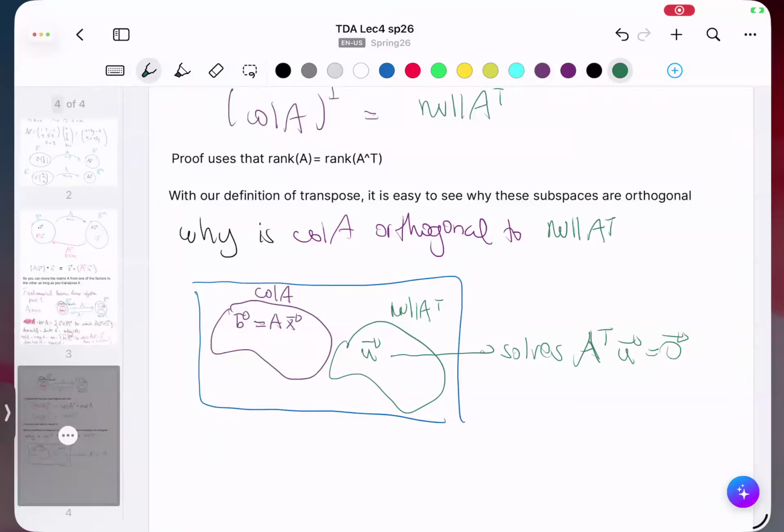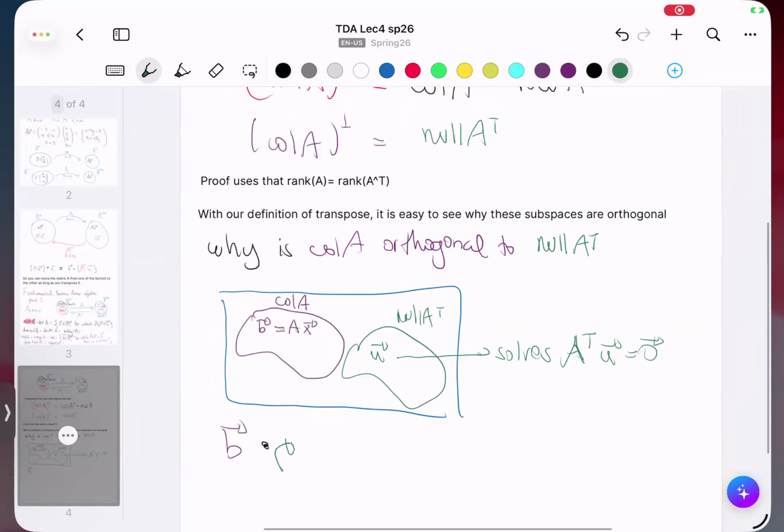Okay, so I want to show that the dot product of b with u should be 0. But what is b dot u? That would tell me that they are perpendicular to one another. So basically b, by assumption, you can write it as A times x.